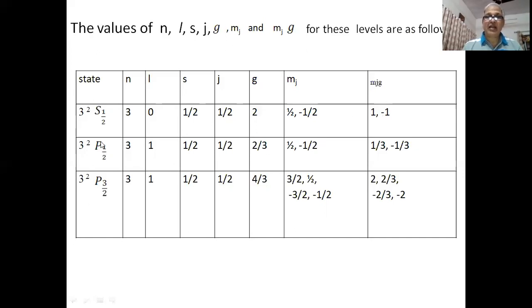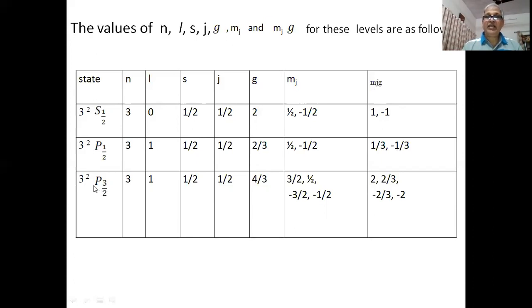Similarly, for the level 2P 1/2, n equals 3, L equals 1, S equals half, J equals half, g equals 2/3, and Mj equals 1/2 and minus 1/2, and Mj g gives 1/3 and minus 1/3.